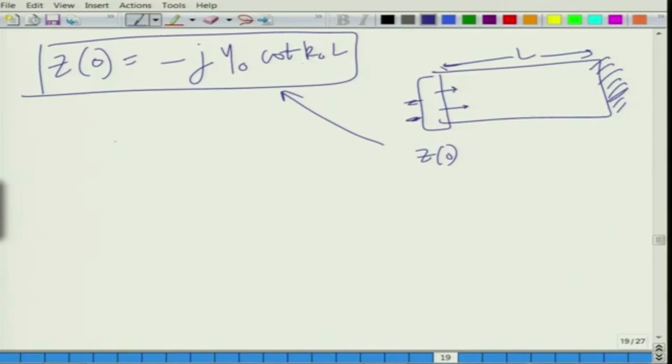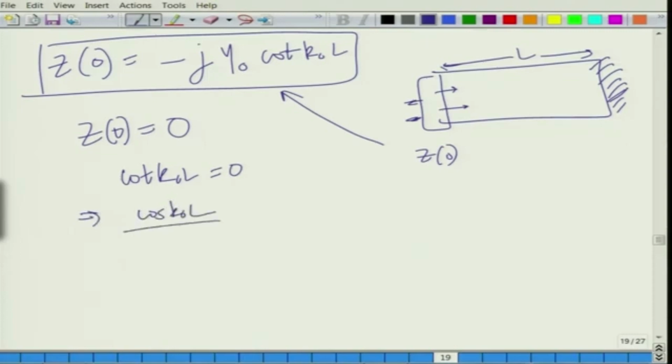So, if Z naught is tending to 0, that means at those frequencies we can solve for k naught for which Z naught is 0. So, when we do that, cot k naught L is 0 means what? Cos k naught L by sin k naught L is 0.